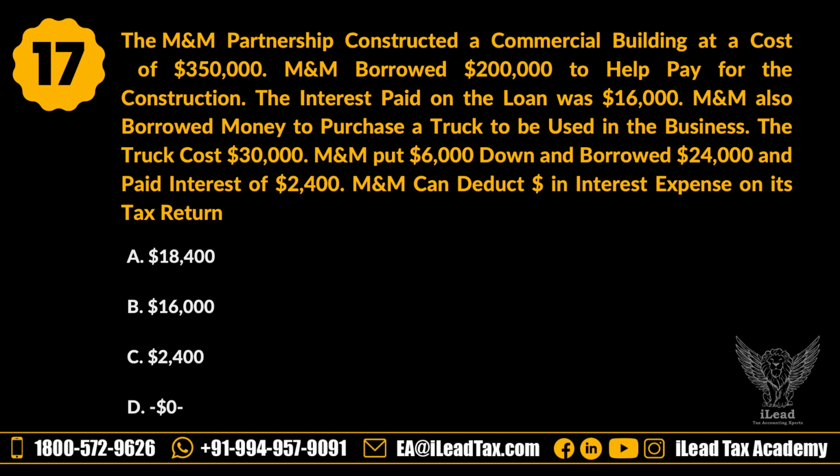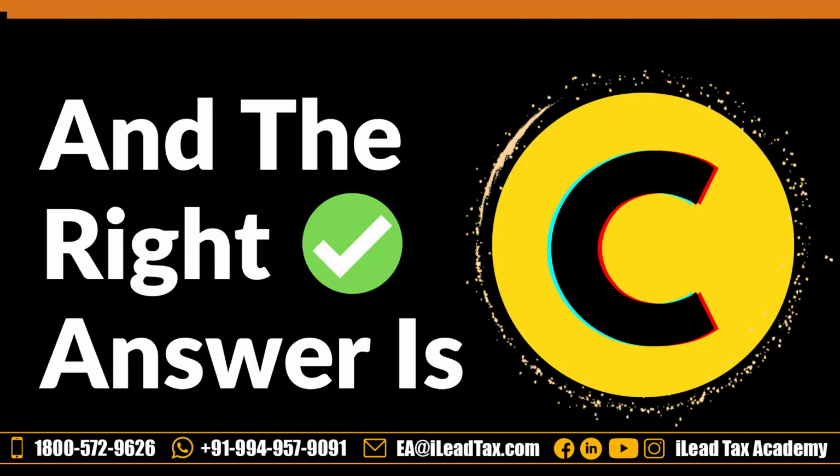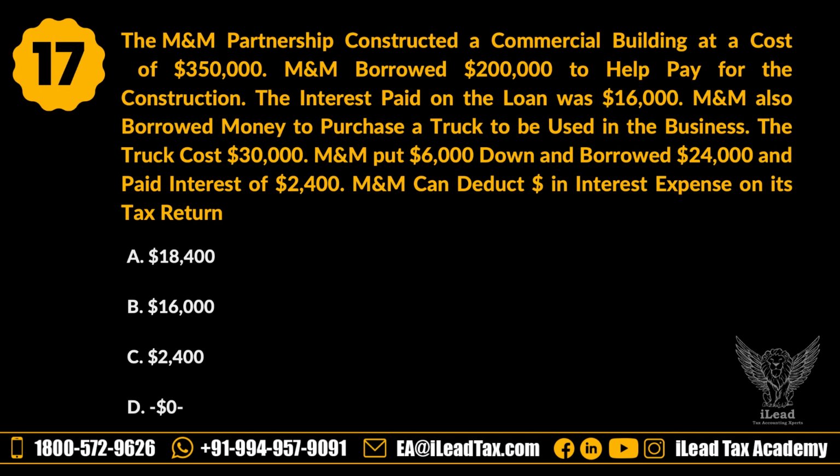Let's see the answer. The answer is 2,400. Let's see why it is 2,400. Here interest paid on the loan was 16,000. It is related to construction of a building, so it needs to be capitalized instead of deducted as interest. So it needs to be added to the basis of the commercial building.